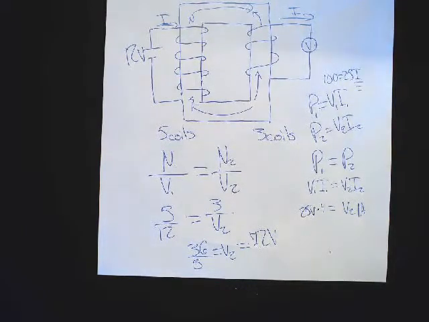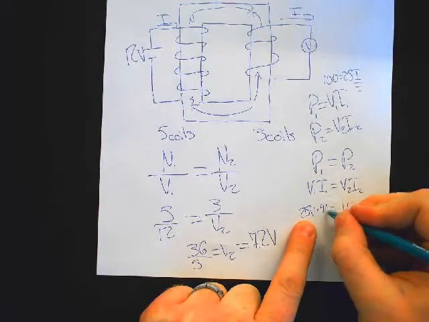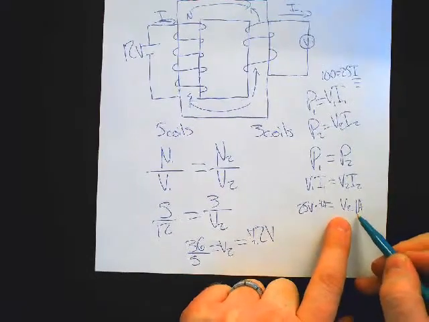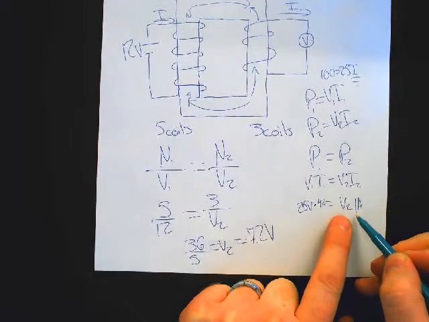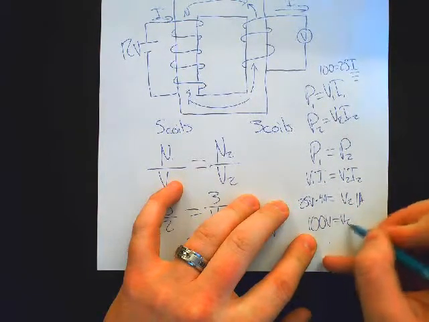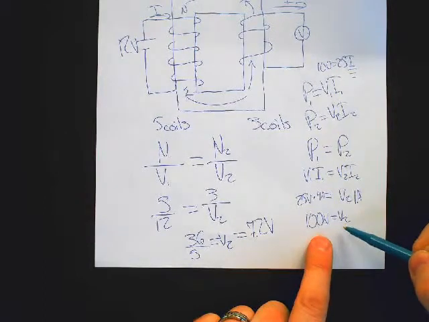I heard it here and I heard it there about the same time. A little worried about us right now and our algebra skills. 25 volts times 4 amps is 100, divided by 1. We're good? Okay, so 100 volts is V2.